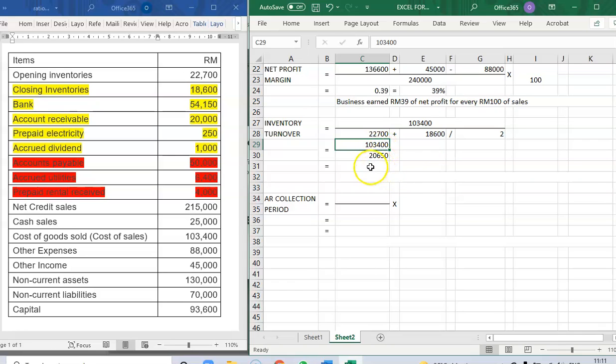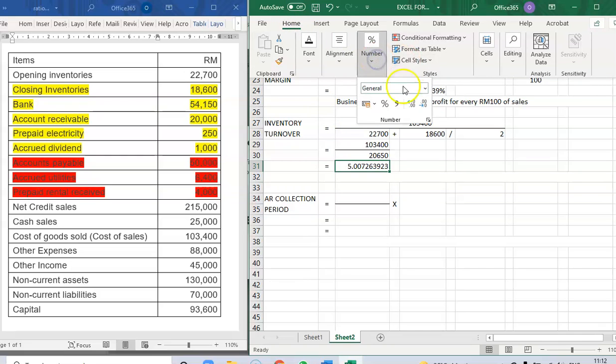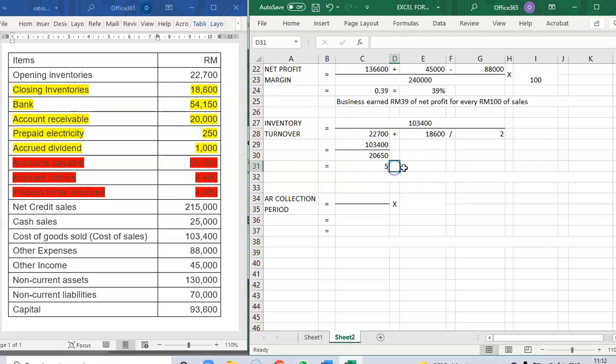So you divide these two, and your result would be 400 divided by 20,650, which is 5. The answer for inventory turnover should be a whole amount, no need to have the decimal point, so you can reduce those until the whole, and your answer should be put with the word times.